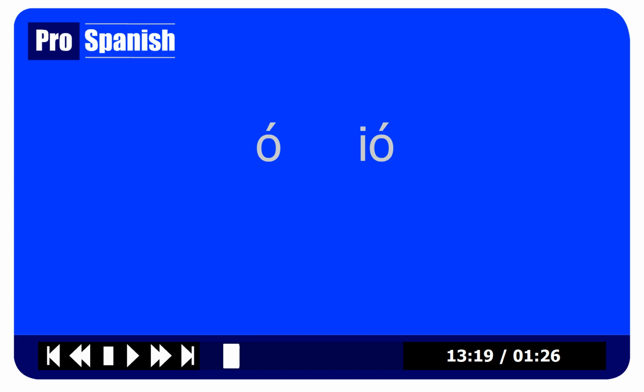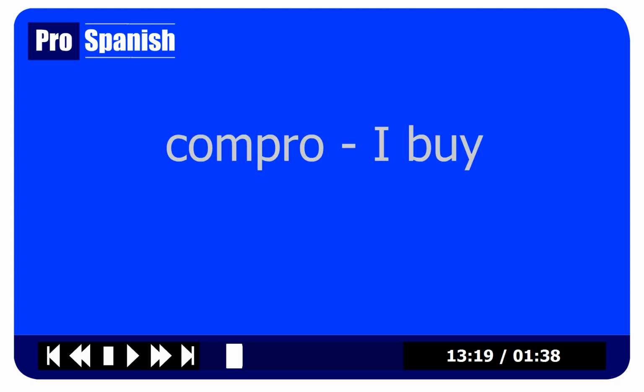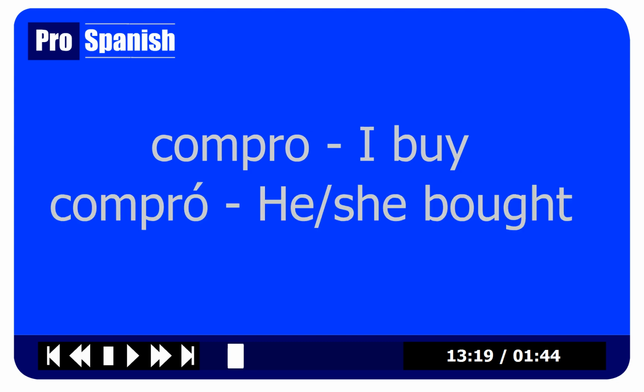For example, when you say compro, I buy, no accent. Compró, with the accent pushing down on the end of the word, is he or she bought. So ó, ió.